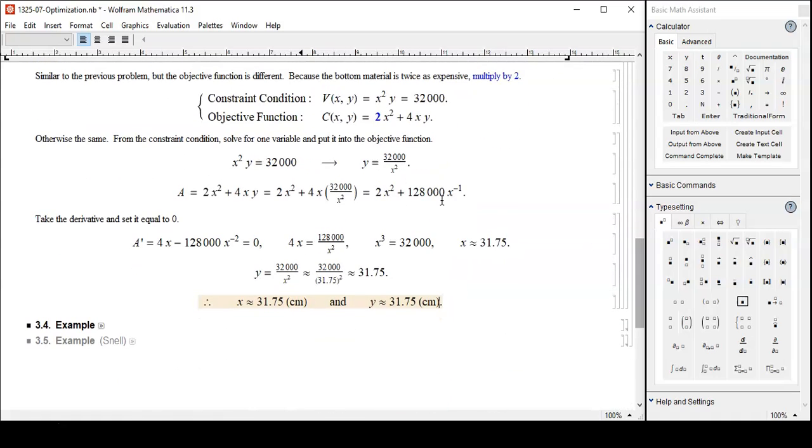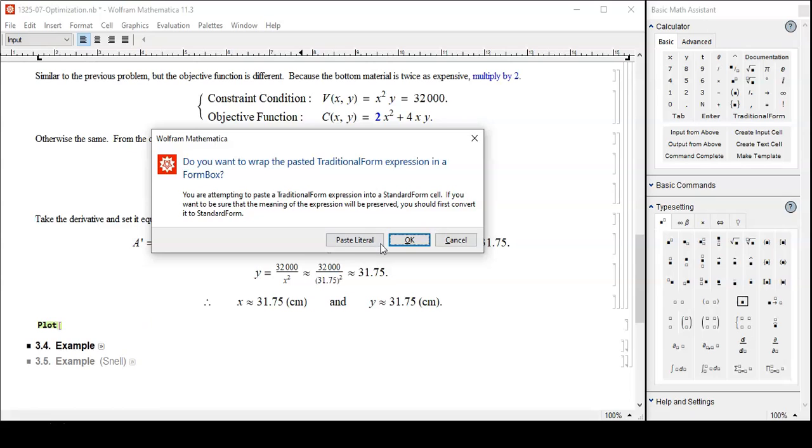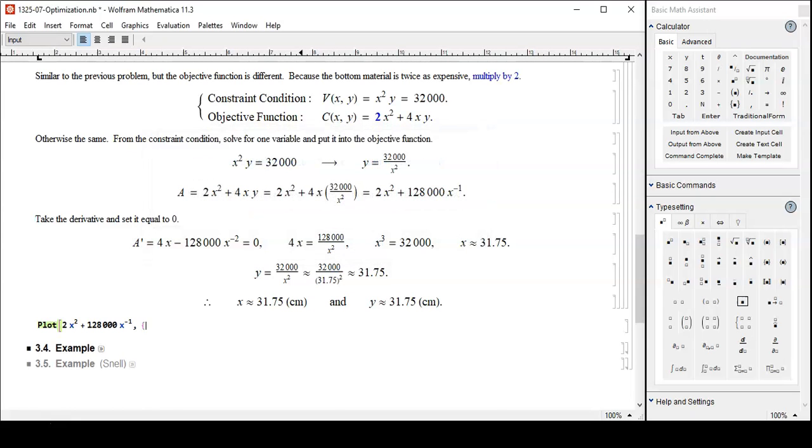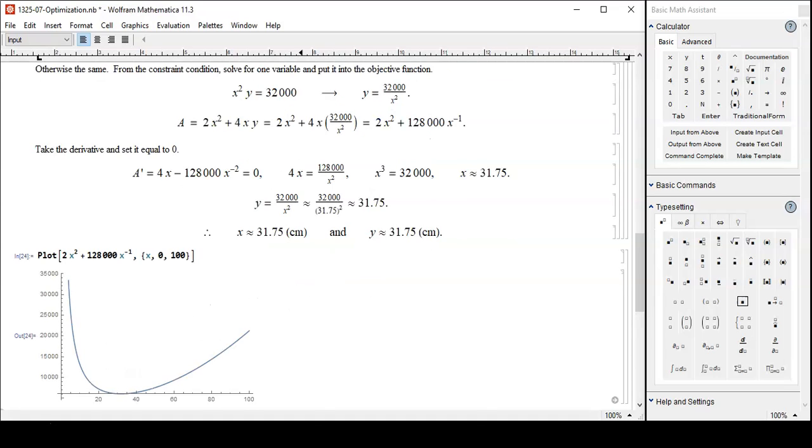Oh, by the way, as long as you have this objective function, you can always plot it. Let's see what we have. We have an absolute minimum forming somewhere around here, around 30.